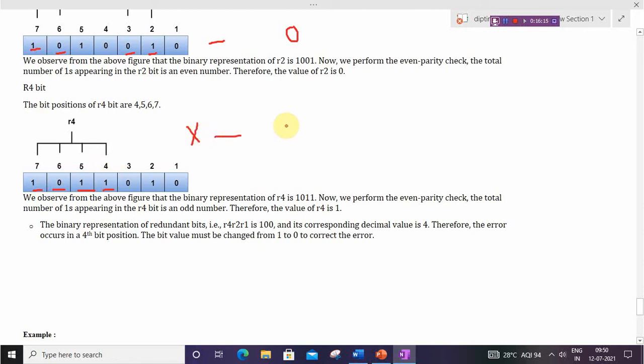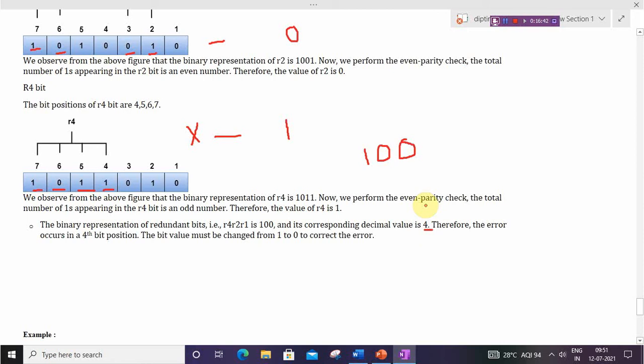So we take the R4 bit as 1. Okay. So we have the redundant bits 1, 0, 0. So the binary representation of the redundant bits is 100. It corresponds to the decimal value 4.